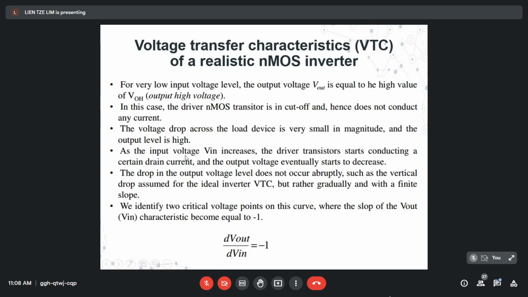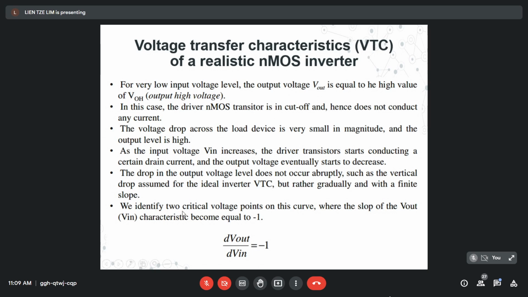As the input voltage Vin increases, the driver transistor starts conducting a certain drain current and the output voltage eventually starts to decrease. The drop in the output voltage level does not occur abruptly, such as the vertical drop assumed for the ideal vertical VTC, but rather gradually and with a finite slope.